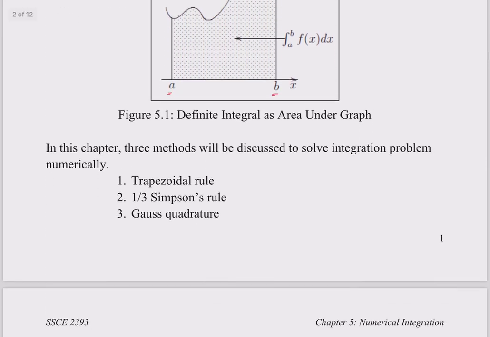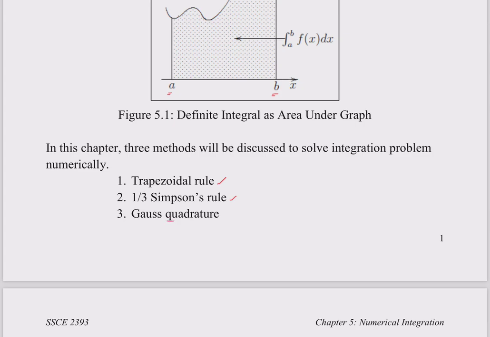to find the area. So in this chapter we will discuss three techniques, or three approaches, in solving integration numerically. The first one we call the trapezoidal rule, the second one is the 1/3 Simpson rule, and the last one is Gaussian quadrature.